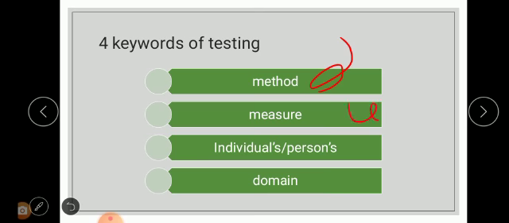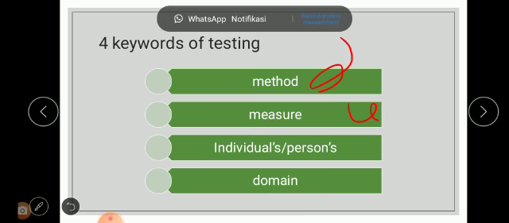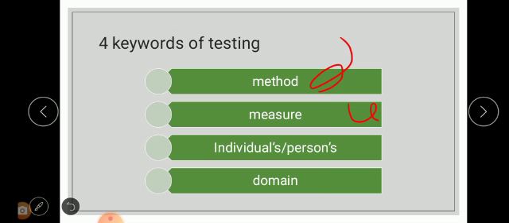In a test, the activity will measure the ability or skill or comprehension in a specific topic or material. And then the term, there is a word individual or person.